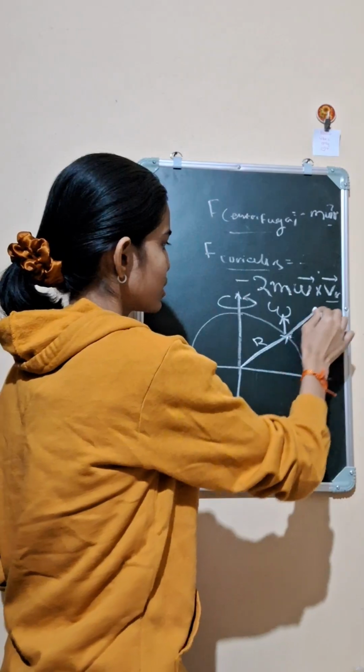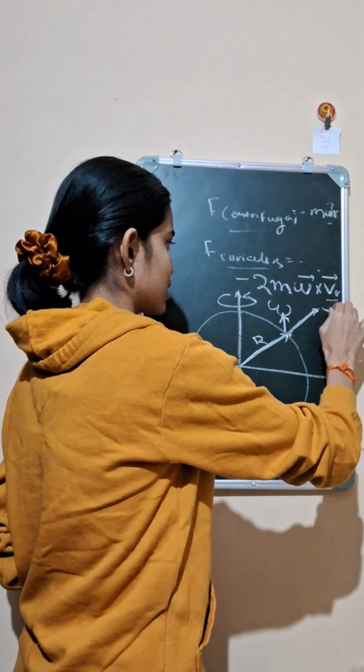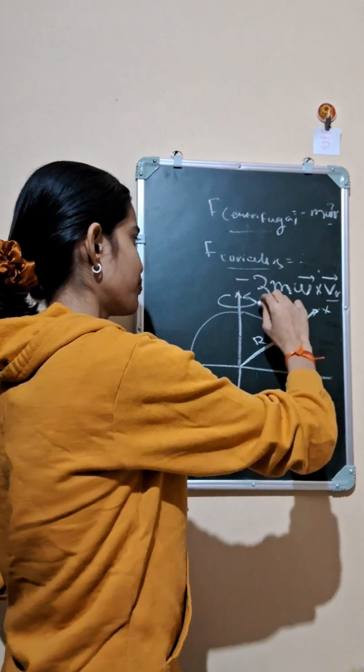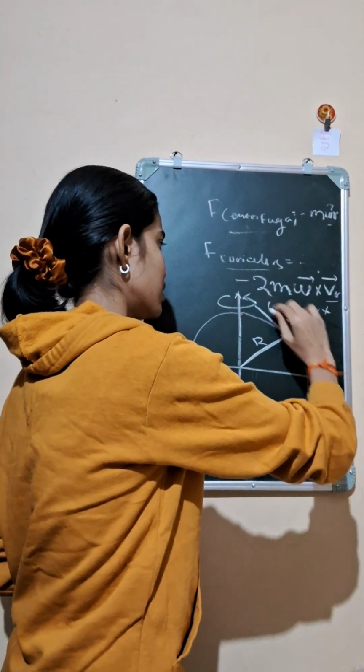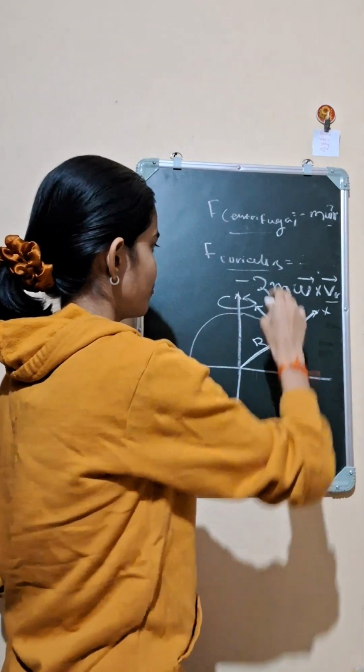Let us call this vertical axis as x. This x-axis will be known as the vertical axis and this horizontal axis as z.